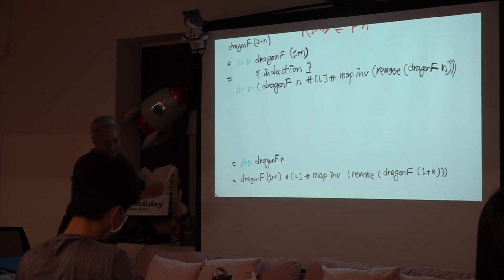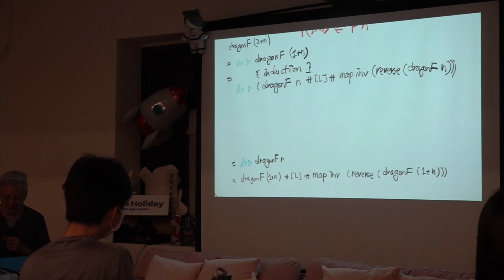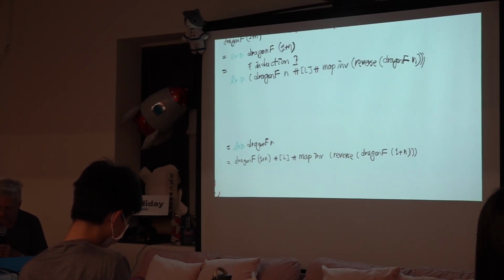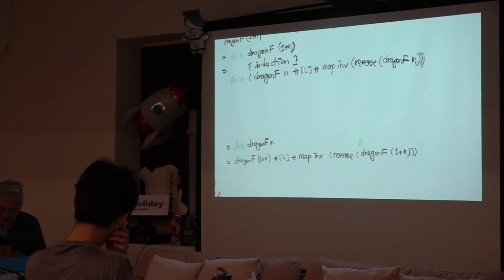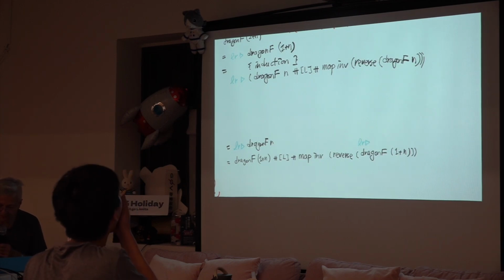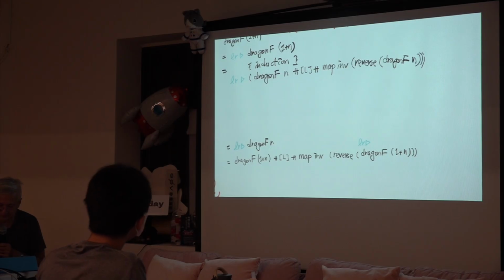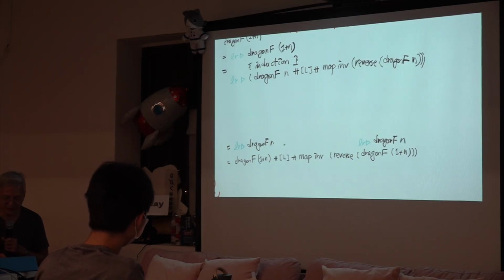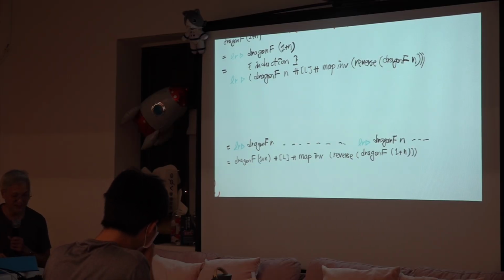And that one, by definition, is LR interleave of dragon f of n with something underneath.